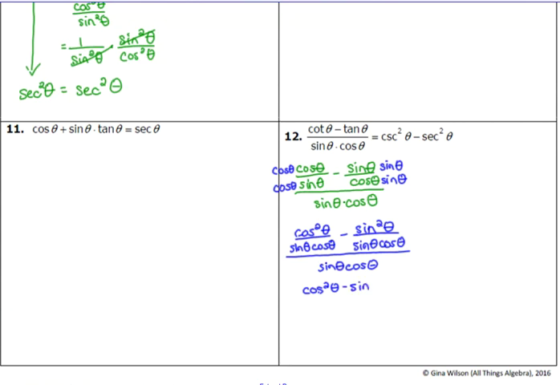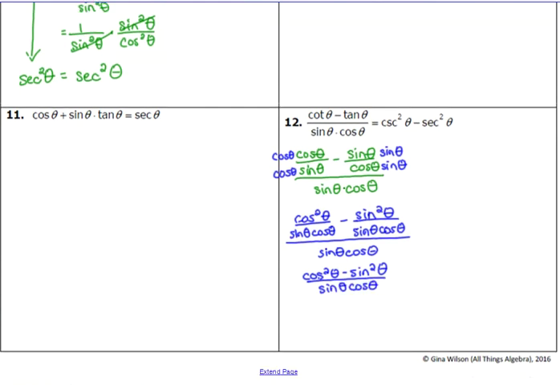They have like denominators, so we can just combine their numerators. And that's still all over sine of theta cosine of theta. Now be careful here, you cannot just cancel those sine of theta cosine of thetas.